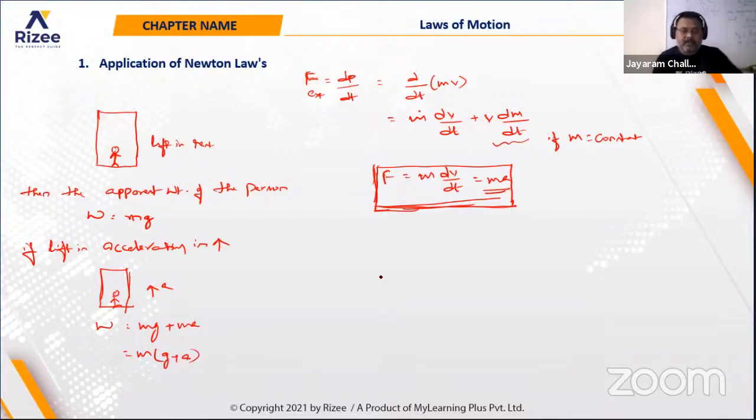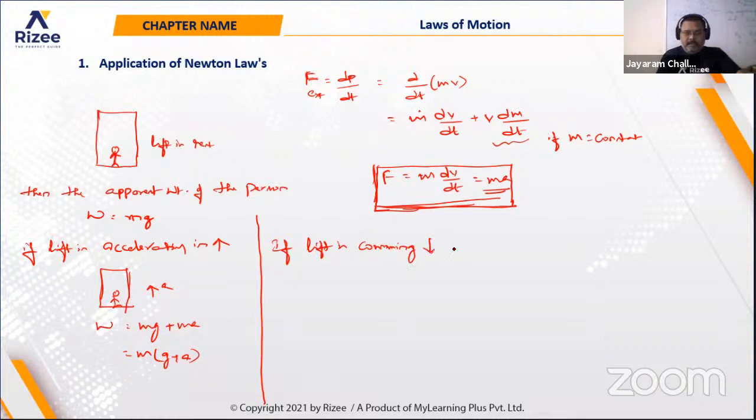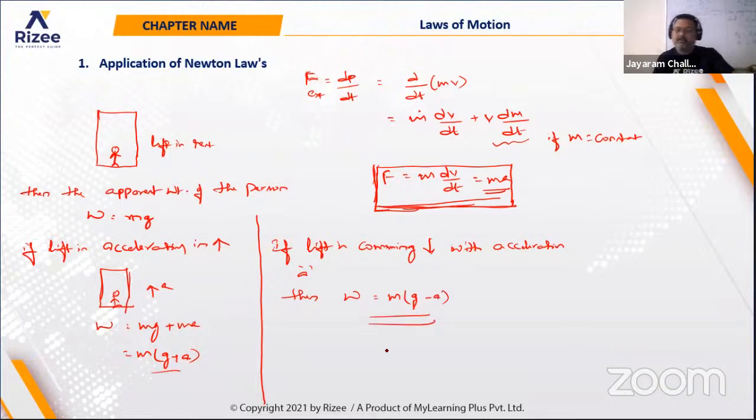If the lift is coming in the downward direction with acceleration a, then the apparent weight is m(g - a). These apparent weight conditions will be used in a lot of situations, in different chapters also.